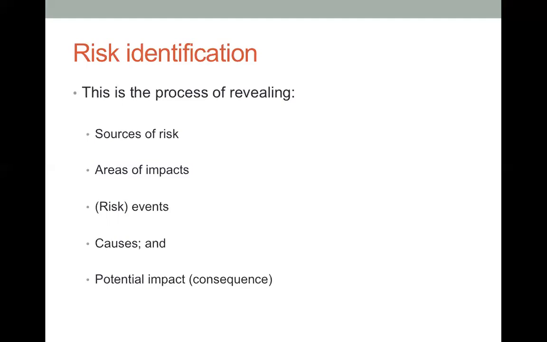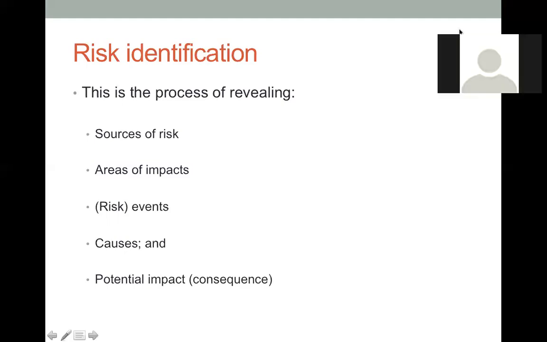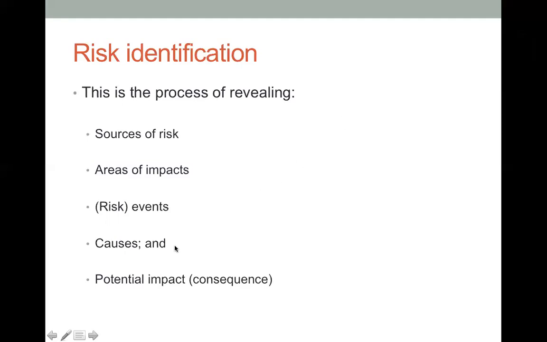The causes, now causes here are quite critical for us to understand. In order for us to understand the risk, when we formulate the risk events, I would suggest that we also look at the possible causes. With that, we are specifying the risk events.